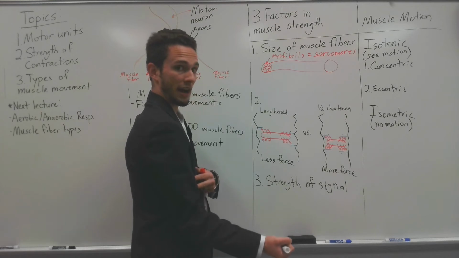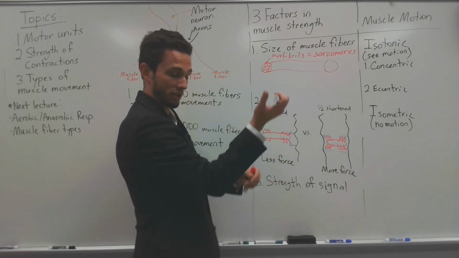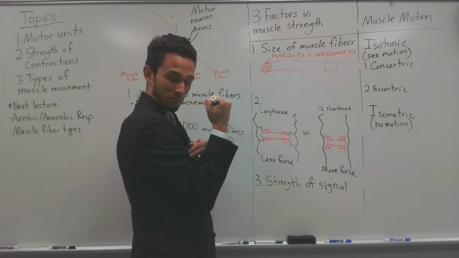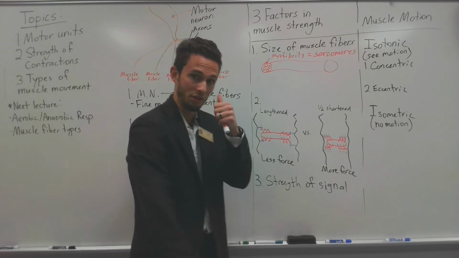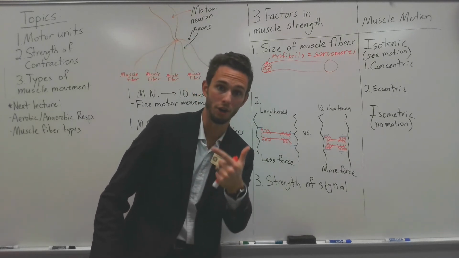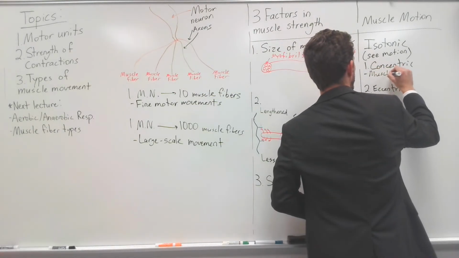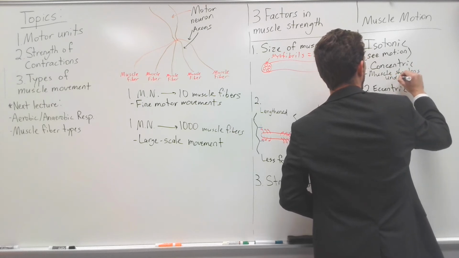As I am contracting, my bicep is shortening under load. So this is a weight, and I'm contracting, shortening my muscle, and it has some tension there. That is a concentric exercise. The muscle is shortening under load. Okay, so concentric is muscle shortens under load, so under force.